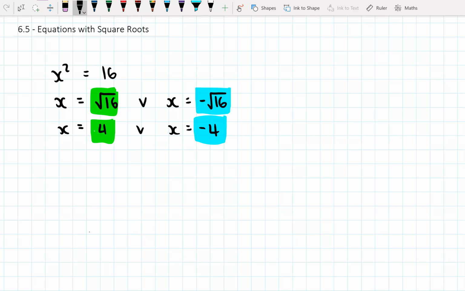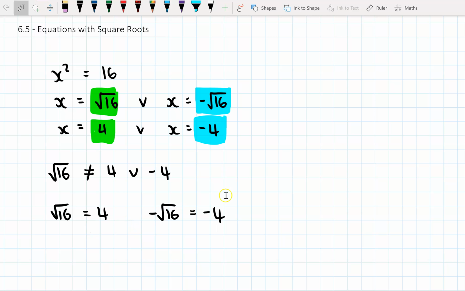Okay, it's very important that you see that there's a distinction here, that the square root of 16 is not equal to 4 or negative 4. Okay, the square root of 16 is equal to 4, and the negative square root of 16 is equal to negative 4. Okay, this is really important because it's going to confuse some of you if you don't think about this when you're doing this current one.